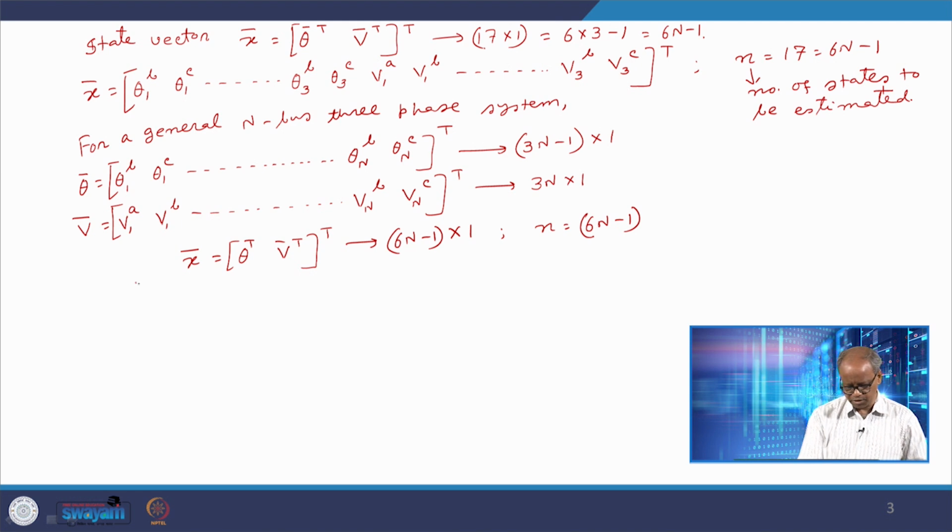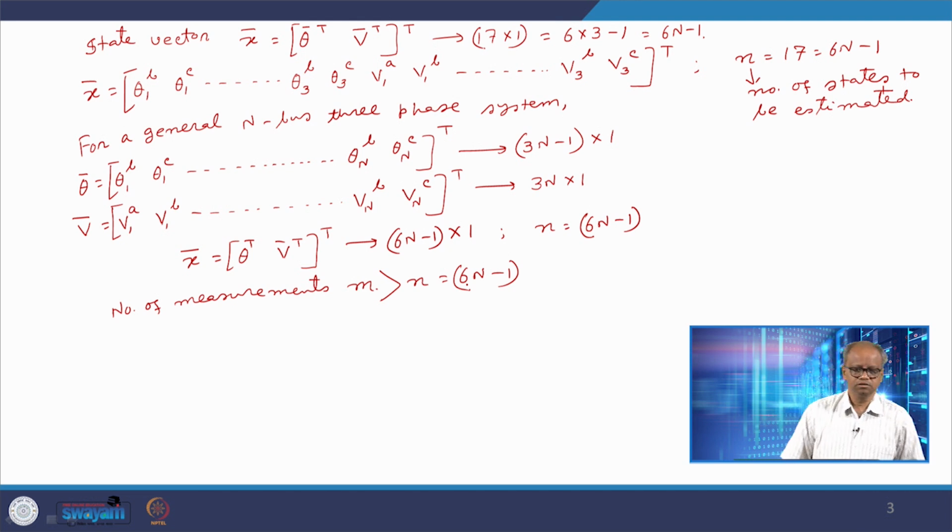So my number of measurements m should be greater than n, that is, greater than 6n minus 1. Now, please note, it is not always possible to put so many measurements in the system.